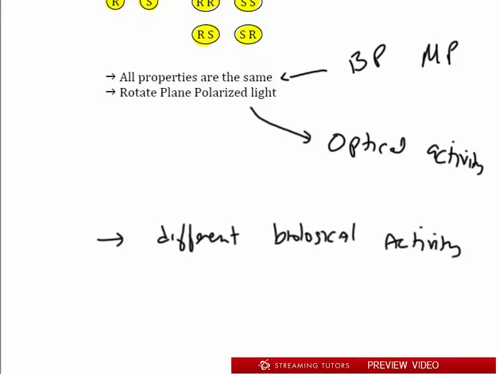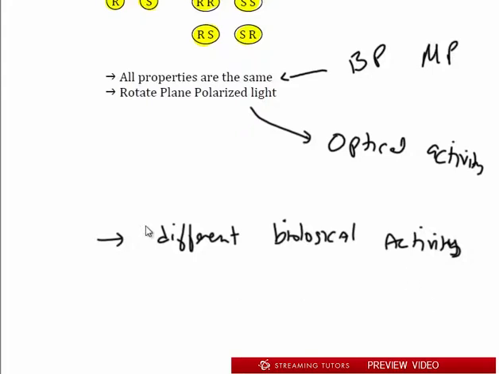So they actually act differently. For example, you might have a drug that will cure you in one enantiomer form, but the other one might kill you. It's really that extreme. The way the R and S enantiomer forms act in our bodies is quite different. So they can have different biological activity, but their properties are the same.